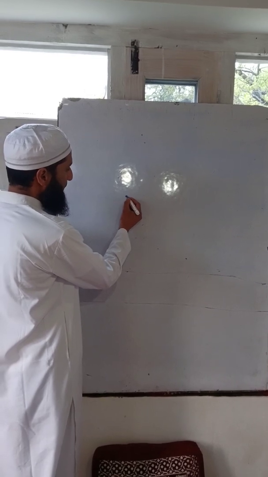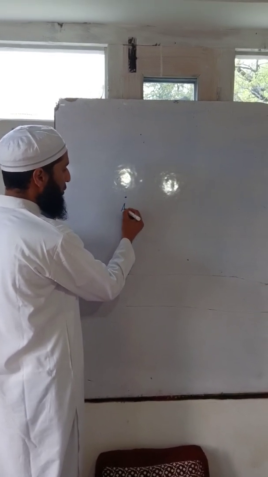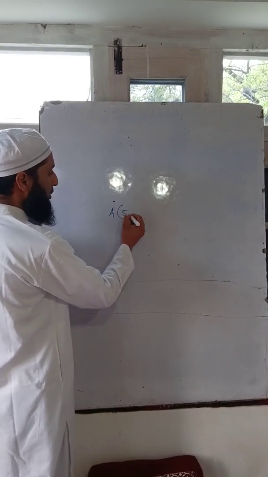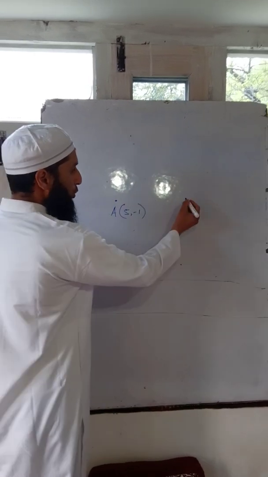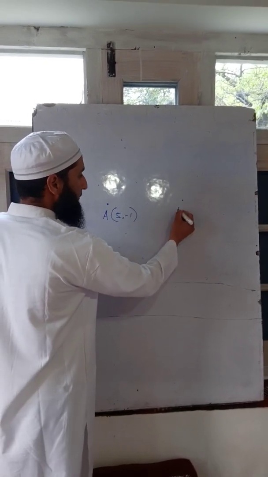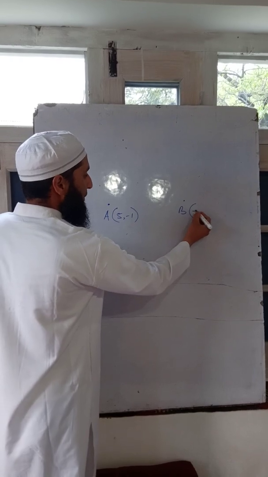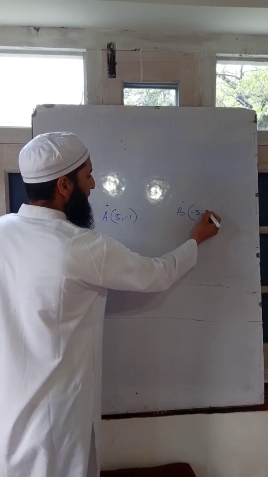Suppose we have a point A whose coordinates are 5, -1 and a point B whose coordinates are -3, 8.